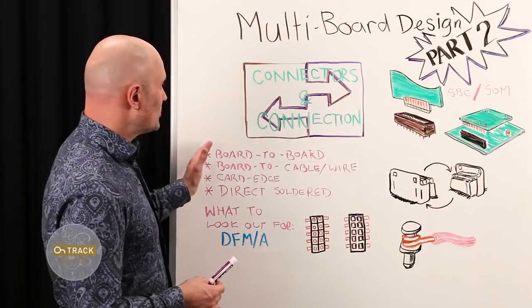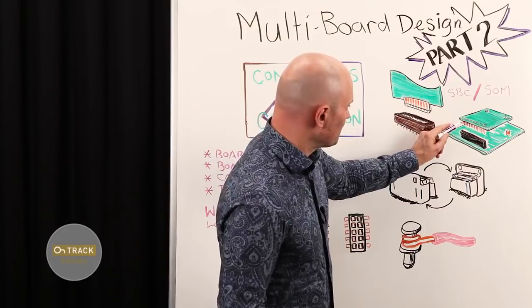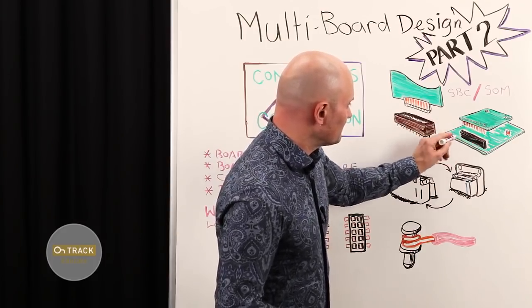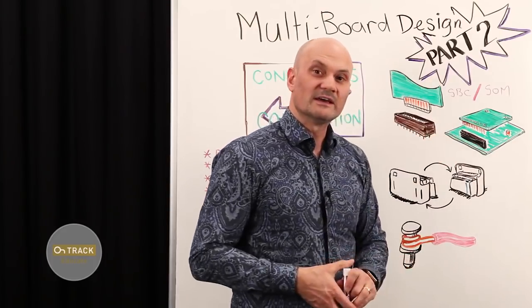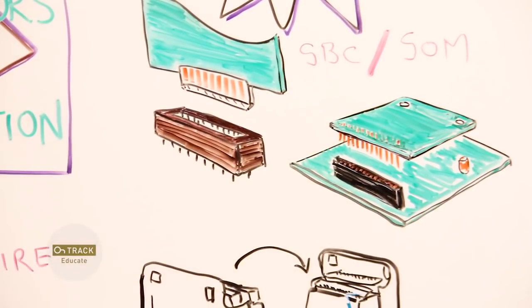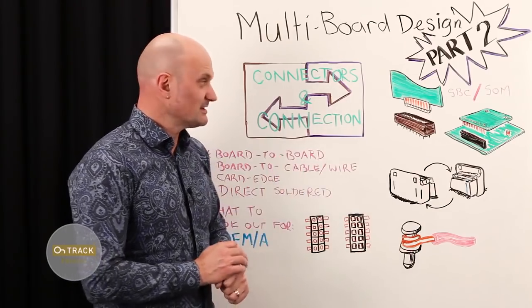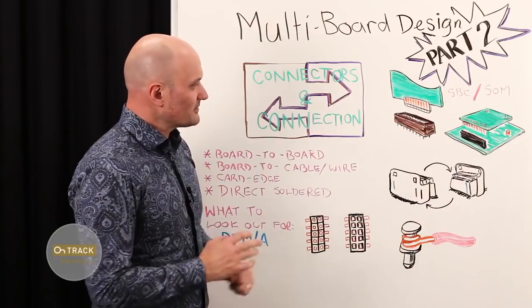So looking at board-to-board connectors, here I'm talking about the pin header and header socket kind of interface, and there's many different kinds of these, but they're pretty common and fairly low cost. They're pretty much de facto standard in the industry, but there's some trade-offs to using them.